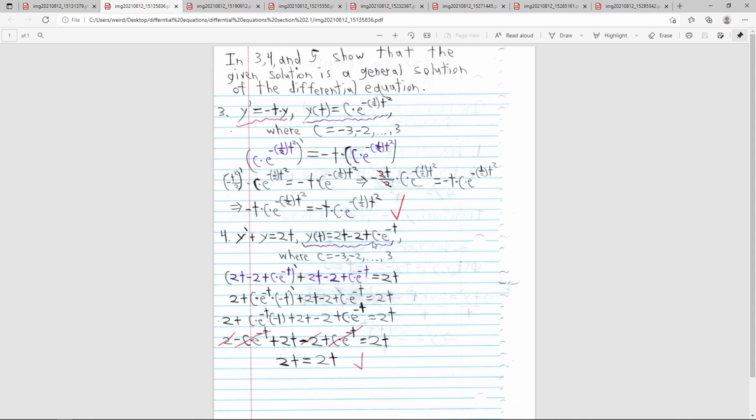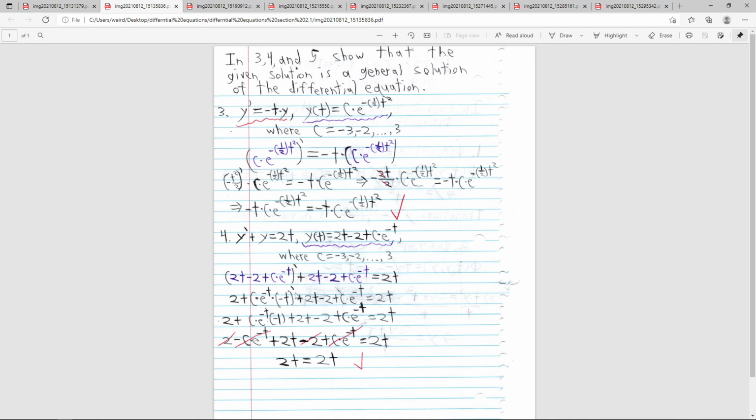And of course the derivative in this one, just to put attention to it, you have 2t minus 2 plus c times e to negative t. You do each term separately, since subtraction and addition can be separated. The derivative of 2t is 2, and the derivative of minus 2 is just 0. So 2 plus c times e to negative t times the derivative of negative t.